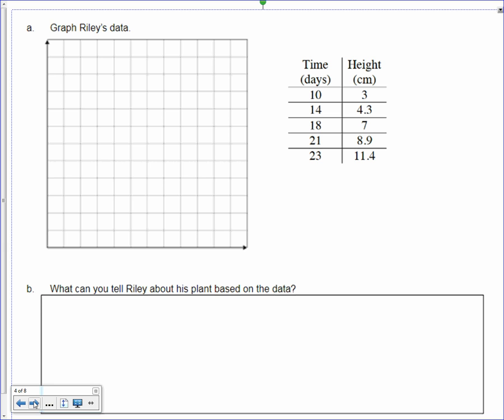Okay. For problem number 51, first you had to graph the data. So I started out with this being my time and this being my height. I went up by 2's for the x-axis, and 1 for the y.